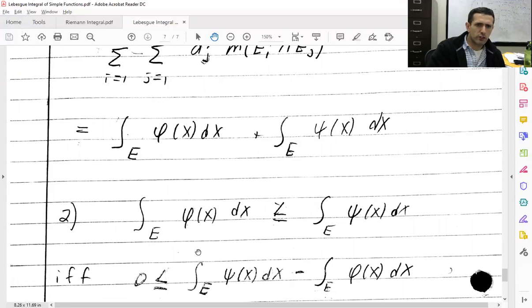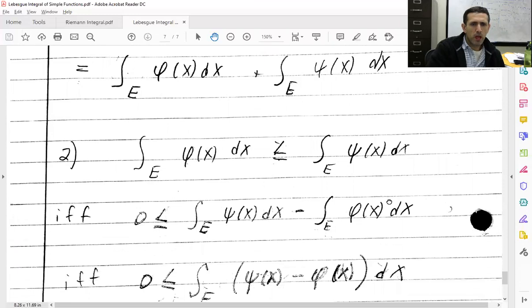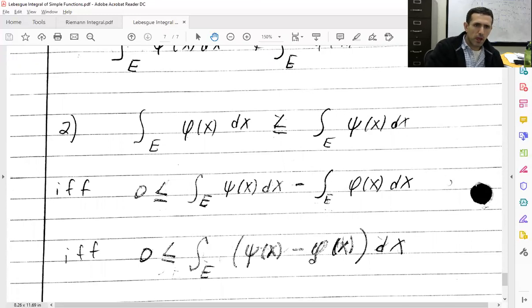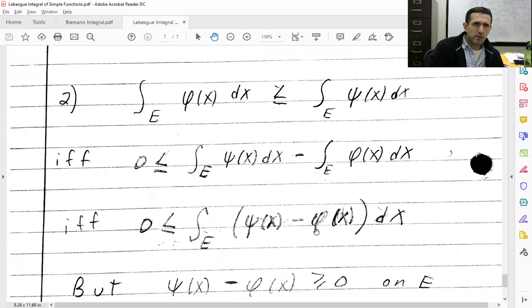So this is true trivially if and only if this is true. Just bring this to the right-hand side. The integral of the difference is the difference of the integrals. So this is true if and only if this is true based on 1.